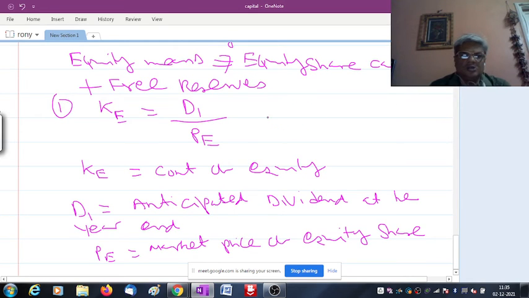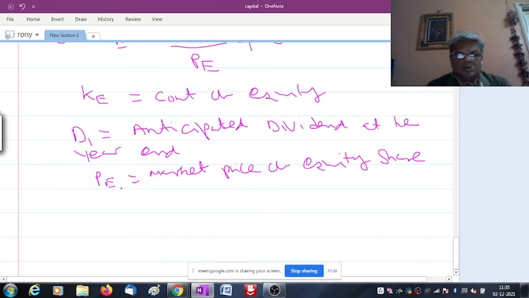Next model, same thing. You write number 2, only with G. G means growth in dividend.